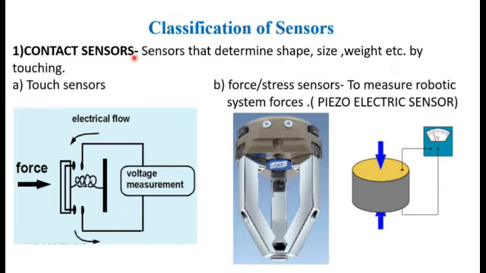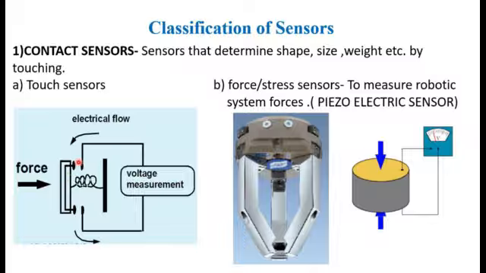The first type of sensor is the contact sensor. These sensors determine the size, shape and weight of an object by touching, that is, with the help of physical contact. These are the touch sensors, and this is an application: when force is applied here, it will come in contact with these two nodes.